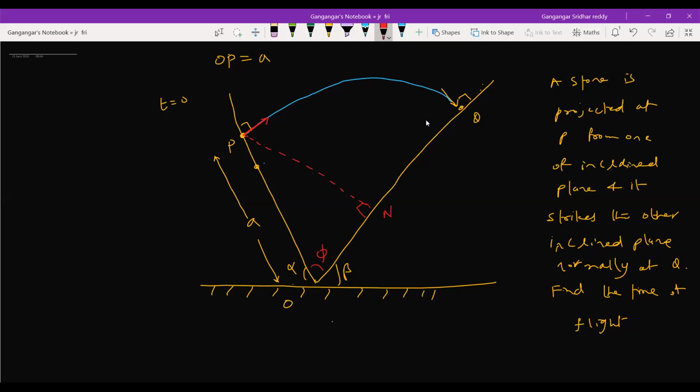If you want, you can give the name OB to the incline. Let the speed of projection be U. We'll resolve this. If this is phi, 90, this will be 90 minus phi. Try to see the mathematics. It'll be very easy for you once you get this. If this is 90 minus phi, this should be phi.